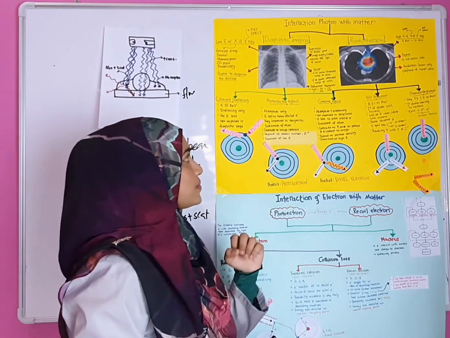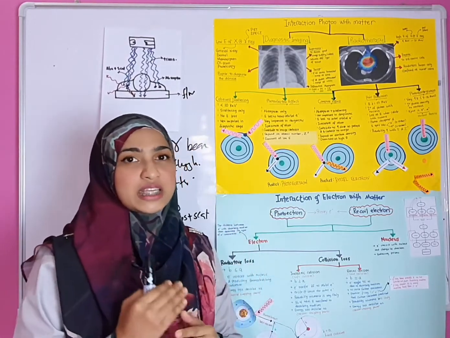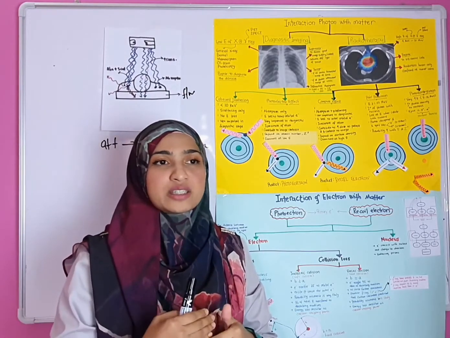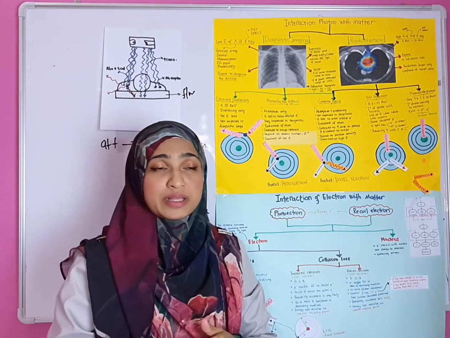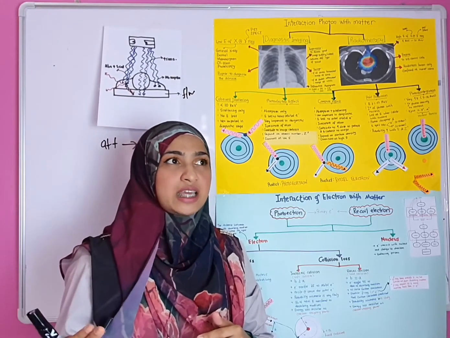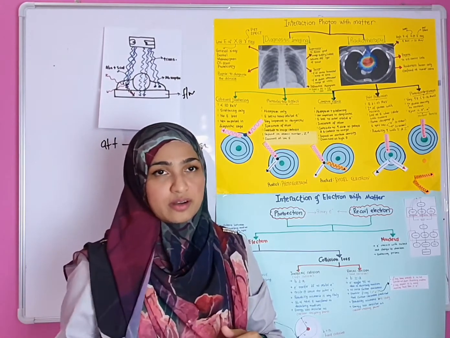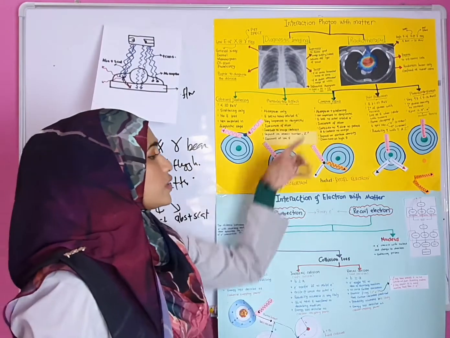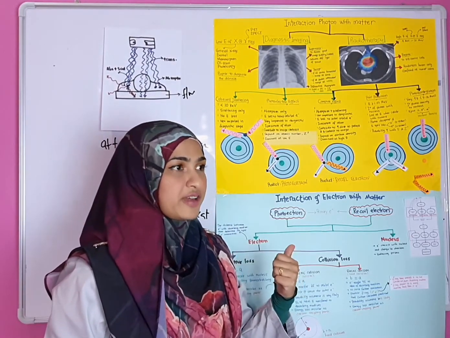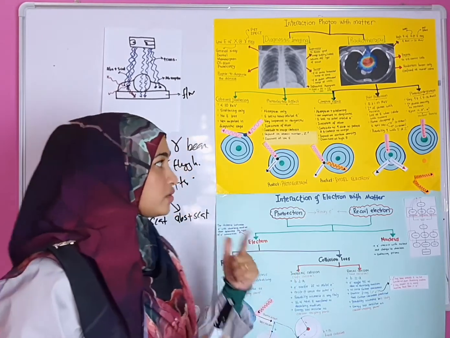Now let's go to the Compton effect. The Compton effect is dominant at higher energy. When the energy is greater than 60 kVp, its probability of occurrence starts to increase until, at very high energy like 10 MeV, the probability drops. The attenuation processes for the Compton effect are absorption and scattering. How so?